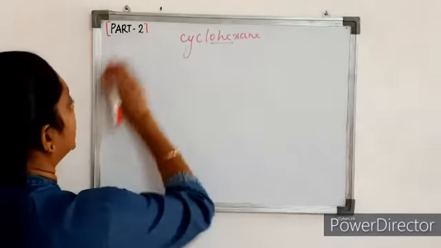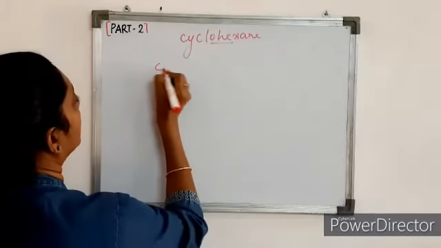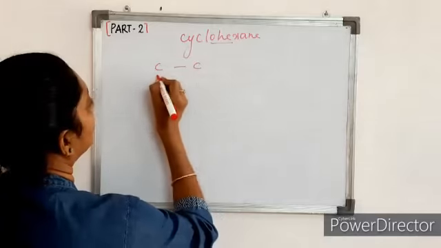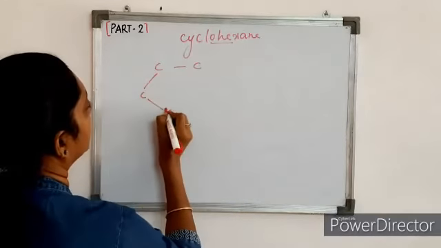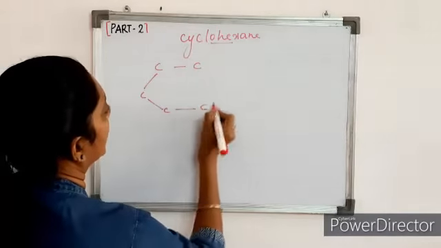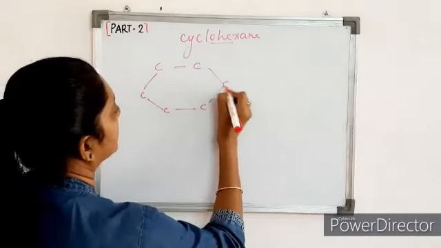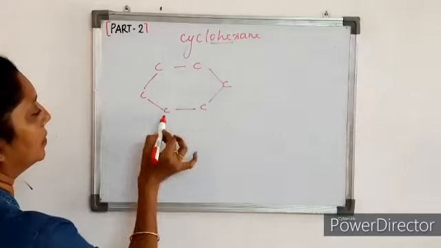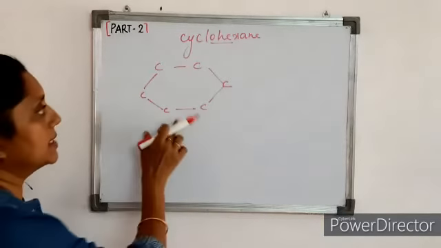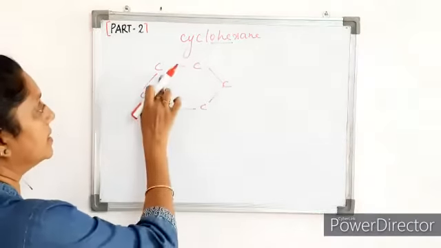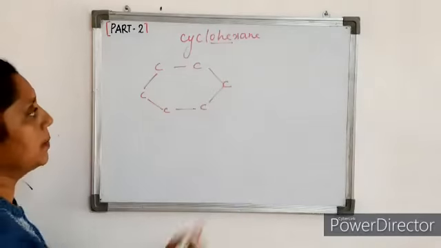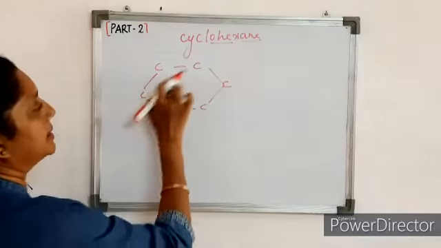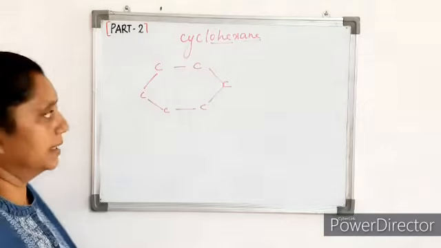We can represent it like this: 1, 2, 3, 4, 5 and 6. This is cyclohexane. It has 6 carbon atoms, and single bonds are between these carbon atoms.